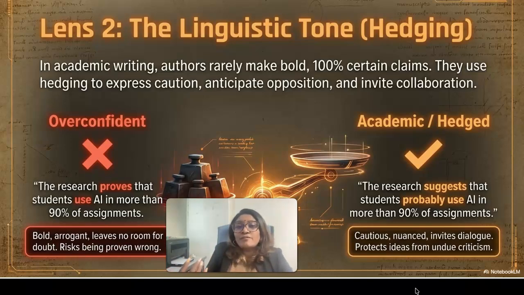So rather than using statements like it proves, it is confirmed, they may actually come up with words like suggests or probably, to actually talk about there is a possibility of discussion.